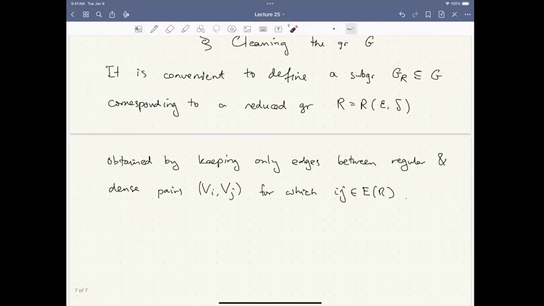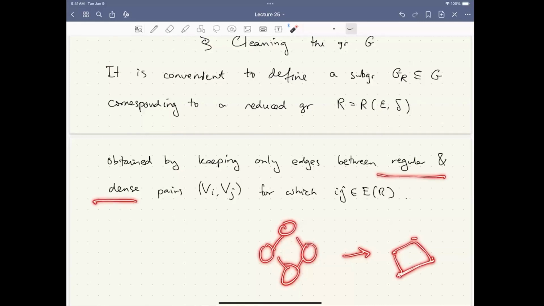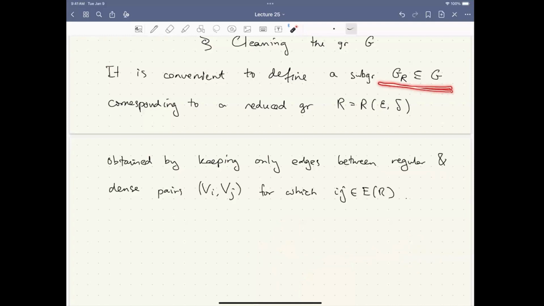This is a very standard thing. Remember, we passed from a partition to the reduced graph, and in the reduced graph we only keep edges that are regular and dense. This is basically saying that you just delete the information of G that's not stored, not represented by R. And this amount of edges that we delete is negligible.